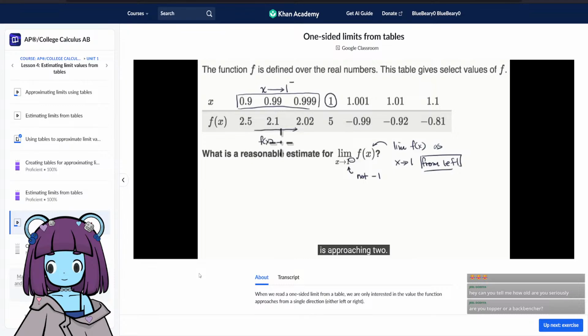It's approaching 2. In multiple choice questions, you pick the one that is most reasonably close to that one. Anything that's close to 2, I think that's what this person is saying.